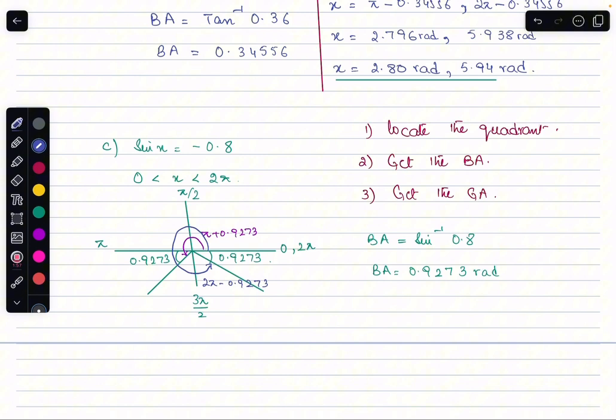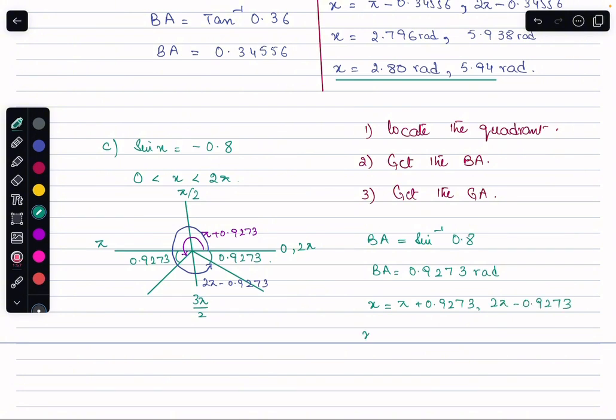So let's get the general angles. In radian mode they are going to be pi plus 0.9273 and 2 pi minus 0.9273.